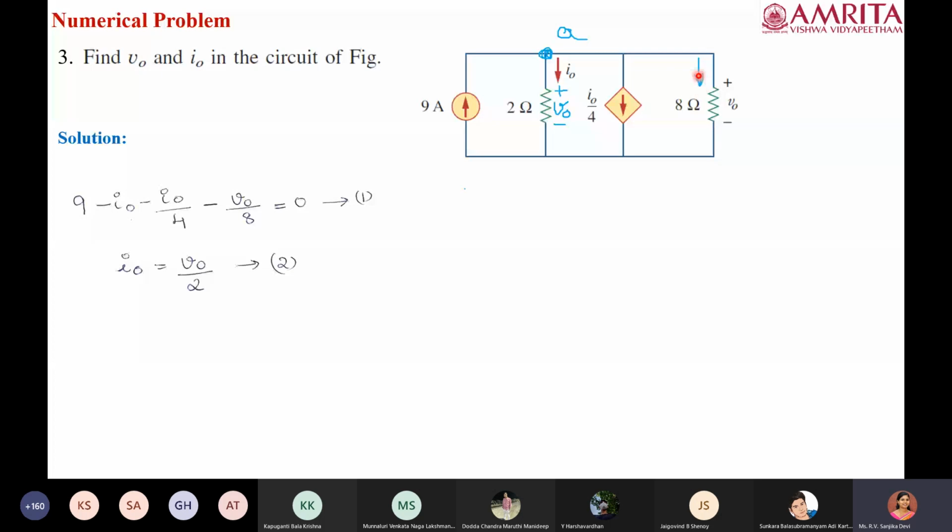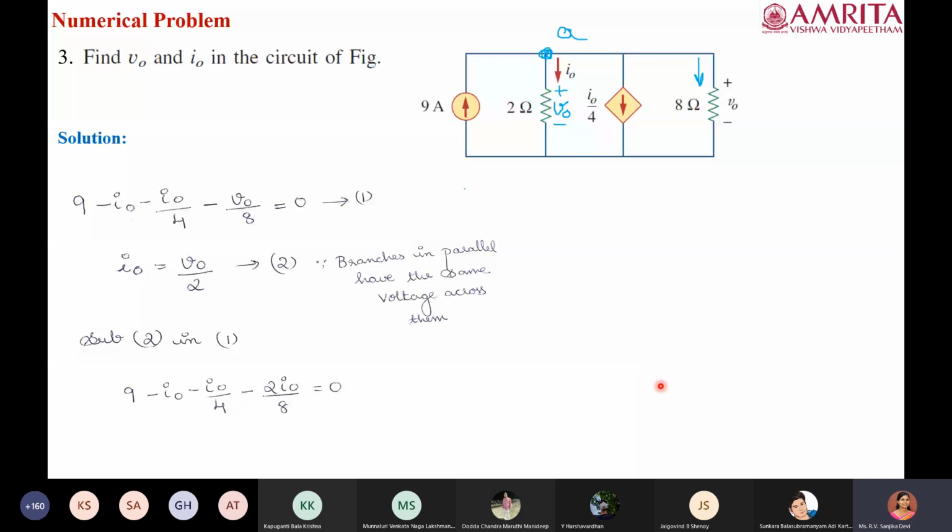Now from this second equation, we are getting one more equation in terms of I0 and V0. So substitute equation number 2 in equation 1 and solve for I0. You can replace either I0 or V0. If you replace V0, V0 is 2I0.